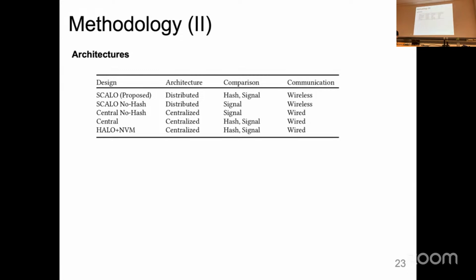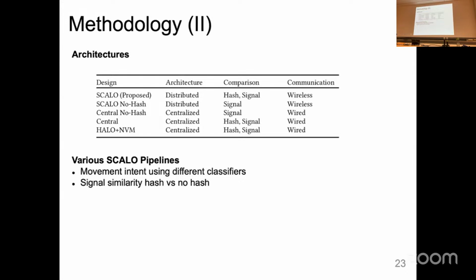This is the previous work of the authors. They also compare various SCALO pipelines within SCALO itself. For movement intent, they compare different classifiers, so neural networks or SVMs. And for signal similarity, they mostly compare hash versus no hash methods.